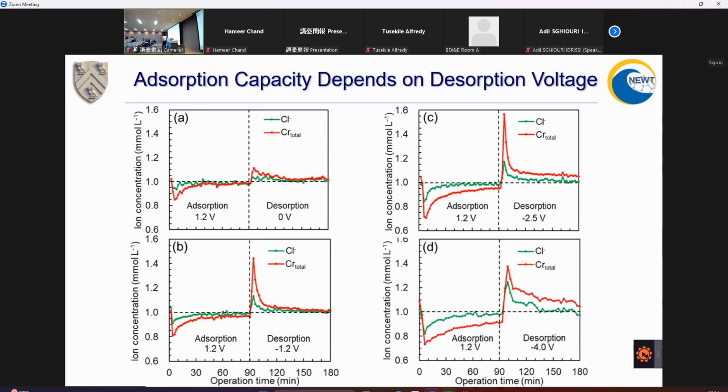If you have 0 volt versus negative 1.2, negative 2.5, and negative 4.0, you can see increasing absorption capacity of the electrode material, right? So this is a strong indication that some of the physisorbed chromate is not being released when your desorption voltage is too low, so it requires a much higher desorption voltage to regenerate these absorption sites again.